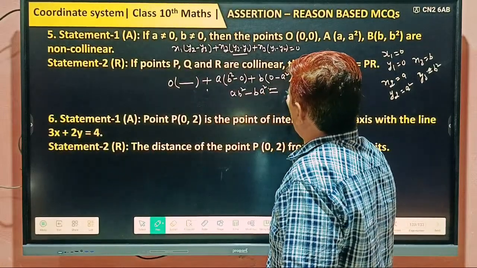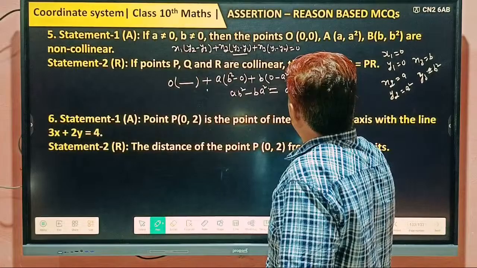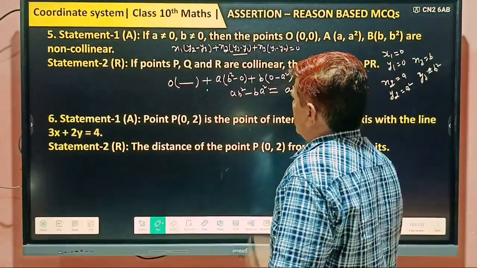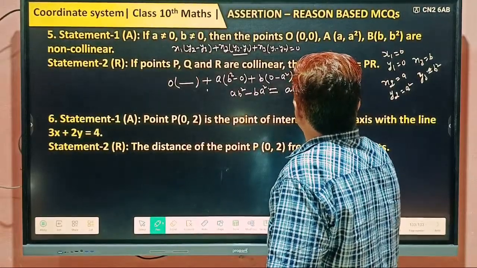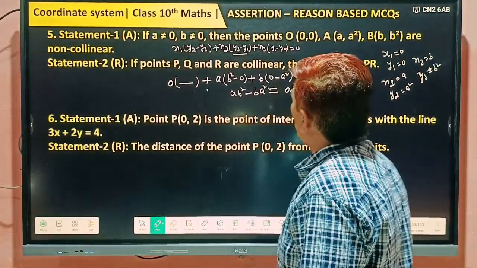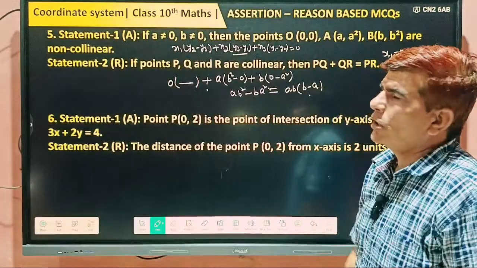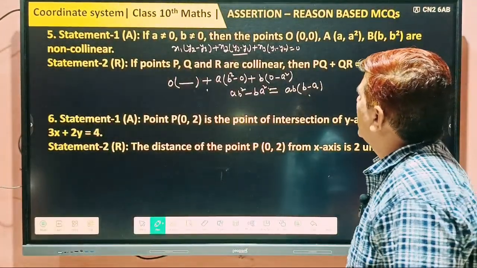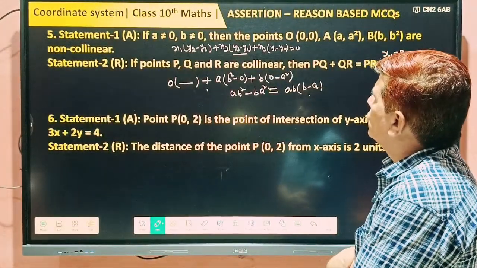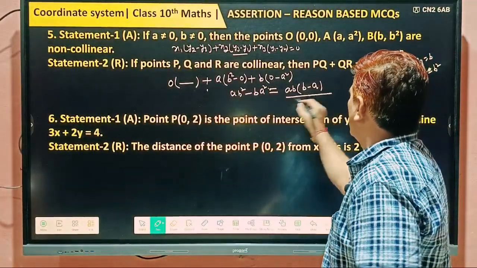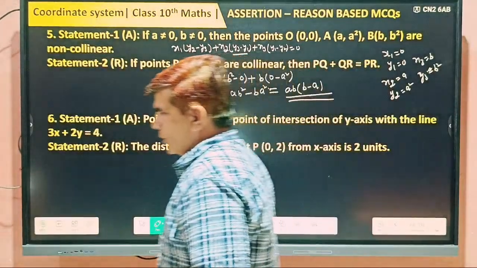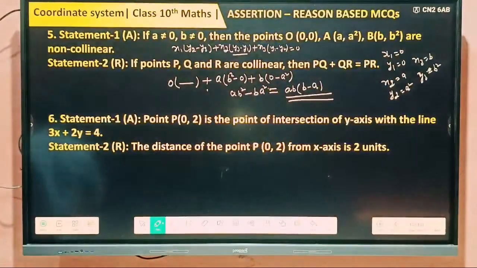What's common? ab is common. So how much is left? b minus a. But what's given? a is not equal to 0, b is not equal to 0. So what about this quantity? Is it equal to 0 or not equal to 0?